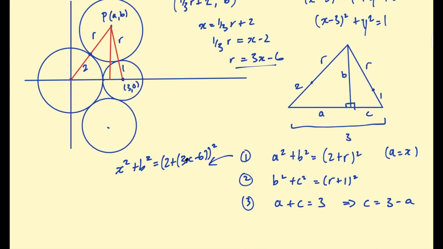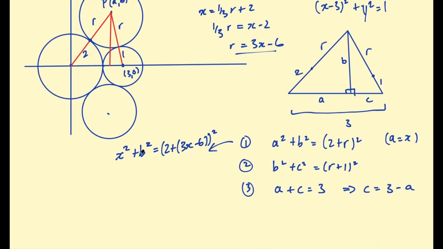So taking this equation, b is our y coordinate for the center. So now we just need to rearrange this in terms of y squared. So we've got x squared plus y squared equal to, 2 take 6 is negative 4.